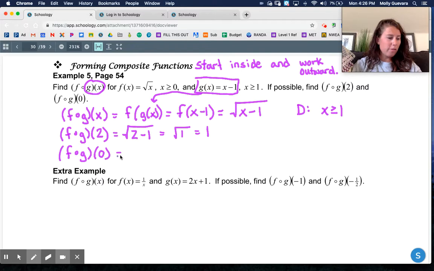Hopefully the first thing that we notice is that 0 is not part of the domain. So this is not going to work out for us, but I'll show you why. If I plug in 0, I get 0 minus 1, which is the square root of negative 1, which is i. And so this is not possible. We're not allowed to have that right now.